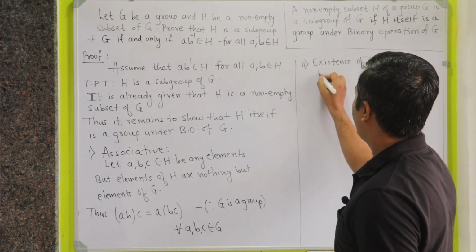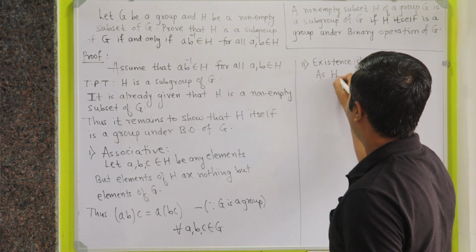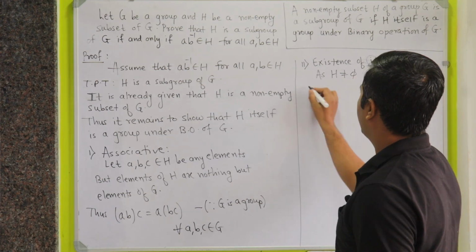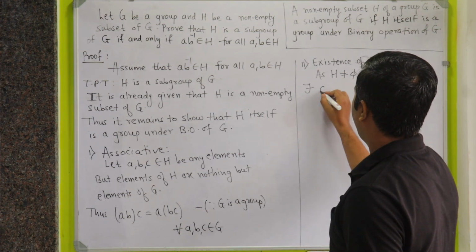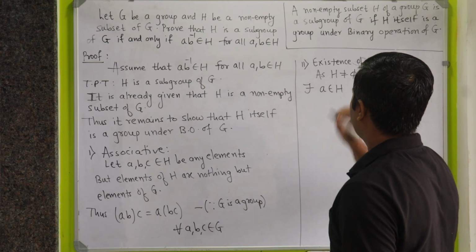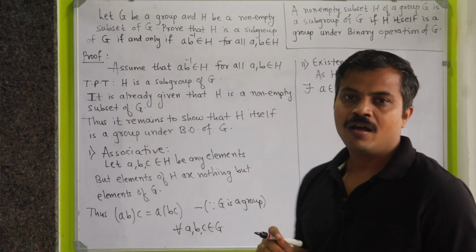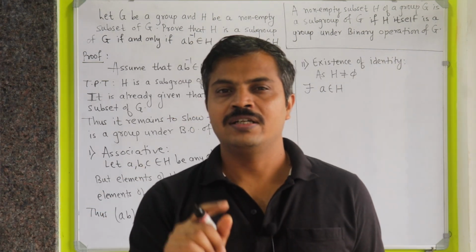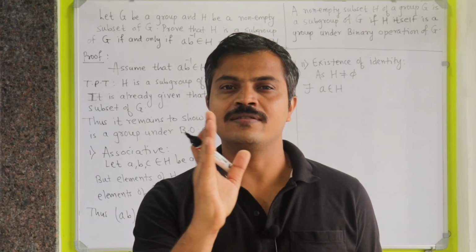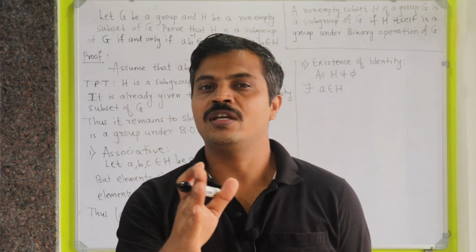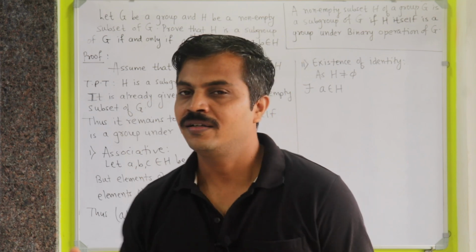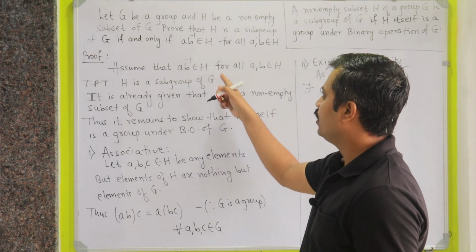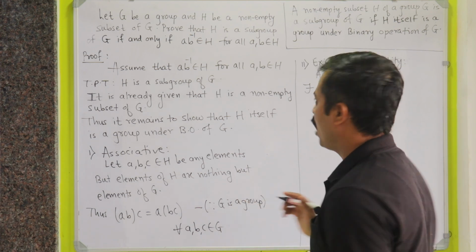So I will say as H is non-empty, there exists A belongs to H. Now since we are having some element of H, we can use this fact and the property to show E is in H. How?